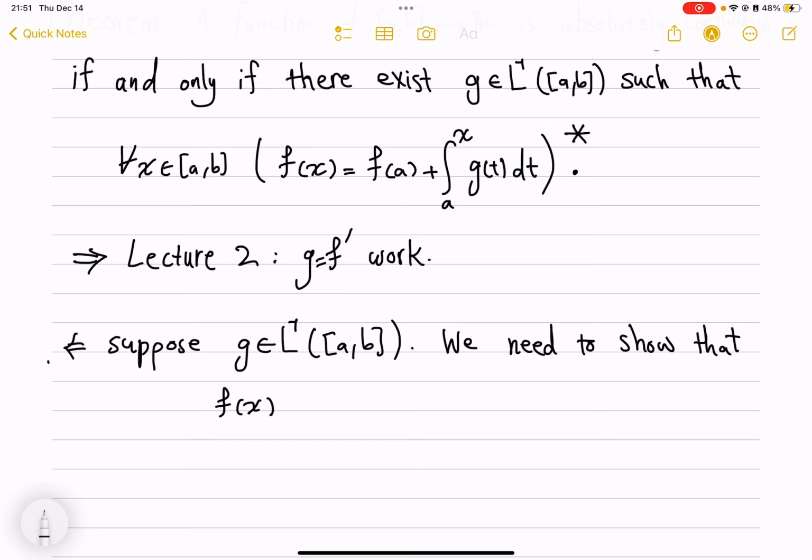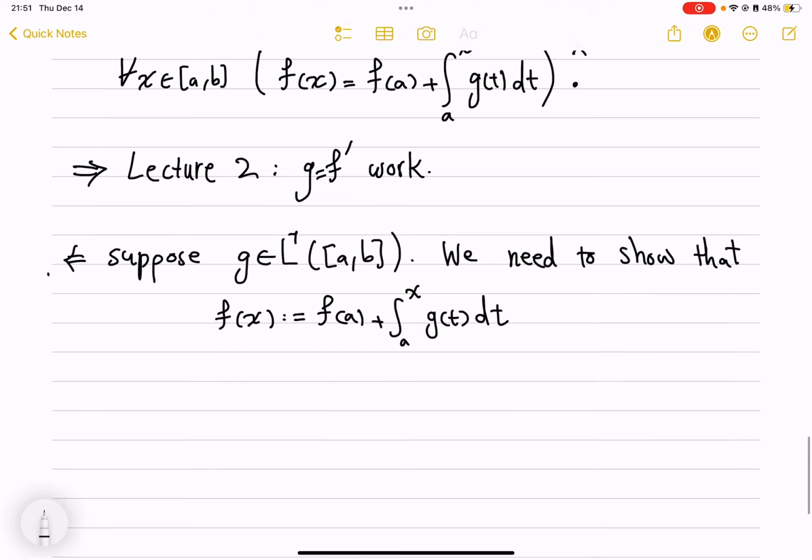We need to prove that f is absolutely continuous. We don't need to show that f is equal to that. If you read the statement carefully, this is part of the assumption in the converse direction.